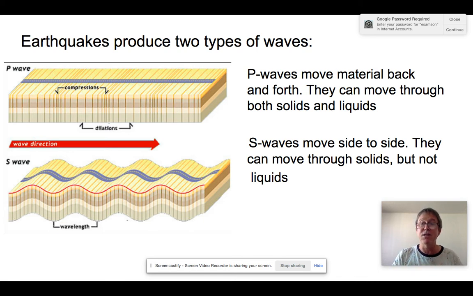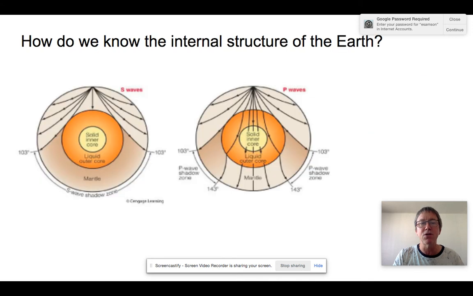And that's how we know what the inside of the earth looks like, because every time there's an earthquake, here's my epicenter, my focus rather, and those waves go moving out and they refract or bend as they travel because there's changes in density. Again, we don't have to get into details of that, but that's why they're bending. And what we find is this: S waves, shear waves, secondary waves, they're the ones that cannot go through liquids.